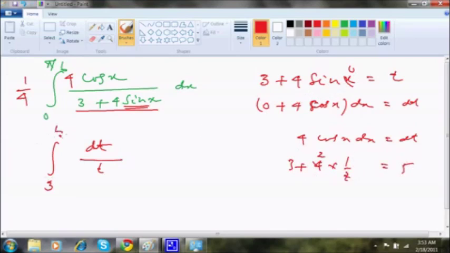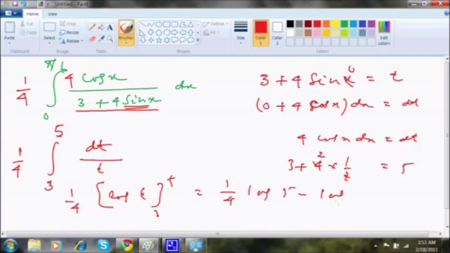So this is 3 to 5, with a 1 by 4 outside. So this is 1 by 4 log t, from 3 to 5. So this is 1 by 4 (log 5 minus log 3), which is 1 by 4 log of 5 by 3, obeying the formula log m minus log n is log of m by n.